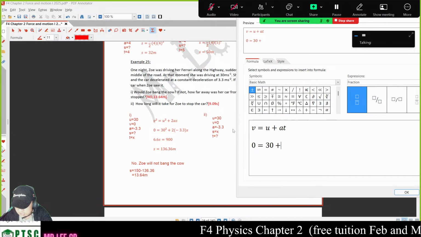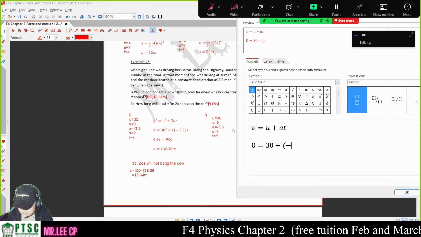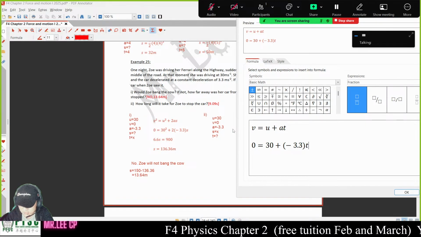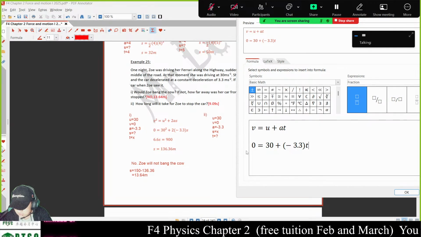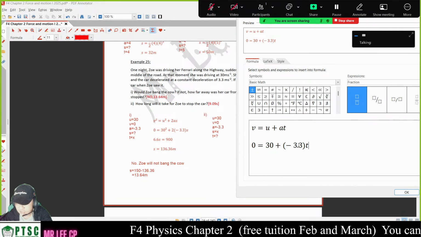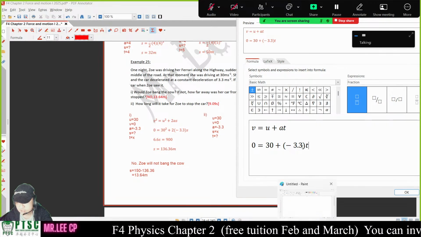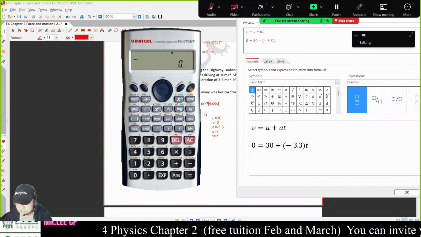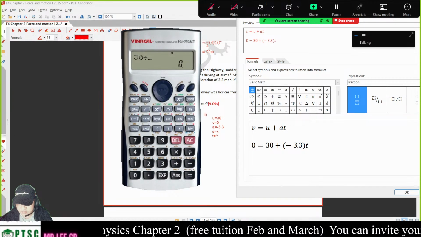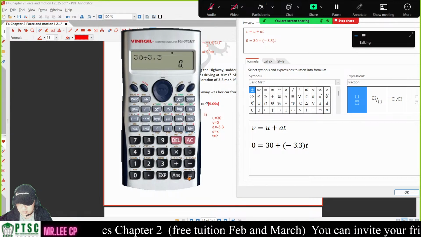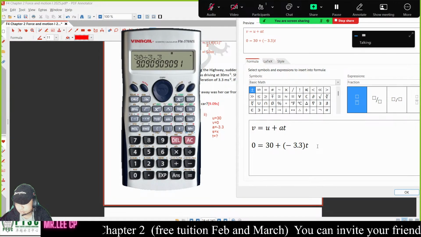A is negative 3.3. And then T, I don't have it. 30 I bring to here, negative 30 divided by negative 3.3. So I just put 30 divided by 3.3. So the answer will be 9.1 second.